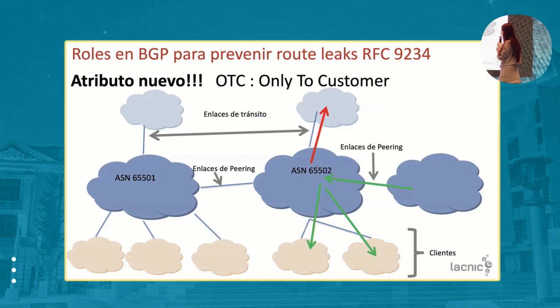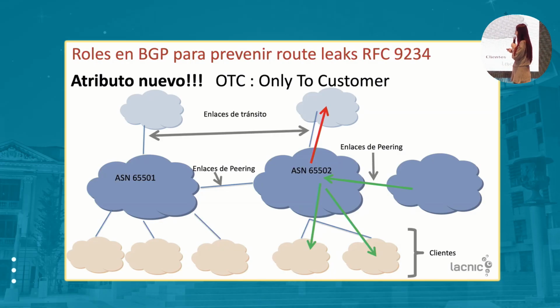Here we see the same thing with the peering links of 65502 to its customers and to its peering link, and the connection to its transit. So between customer and provider, it is acceptable. Between peering and peering, it's acceptable.